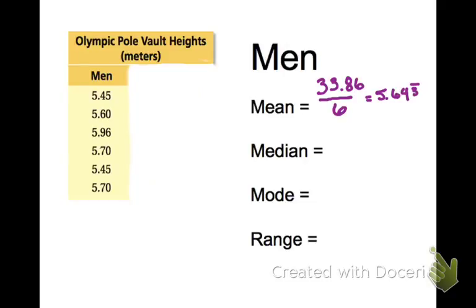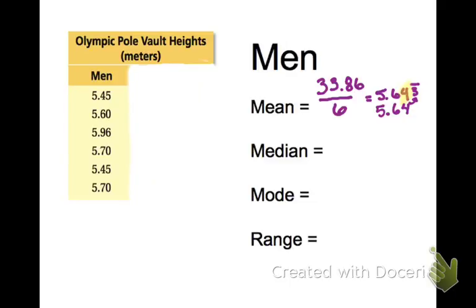Alright, so I notice all of my numbers are to the 100th position, so I'm going to look at my 100th position and its friend right behind it. So rounding rules, I look at the friend behind, and if it's between 0 and 4, I leave it alone. If it's between 5 and 9, I give it a shove. So I'm going to leave it alone. So that right there is my mean.